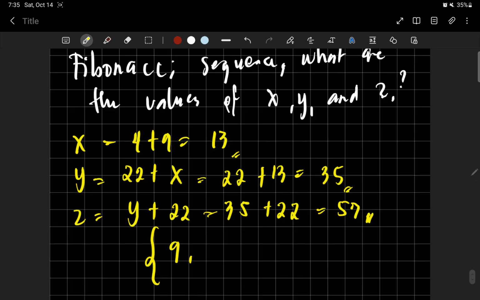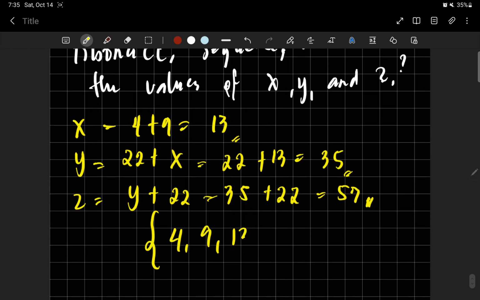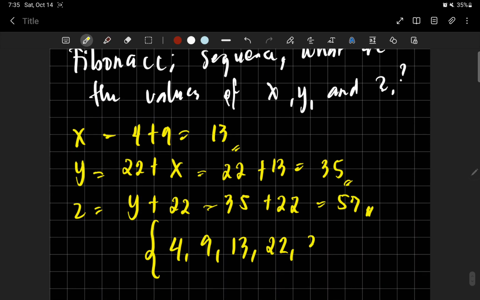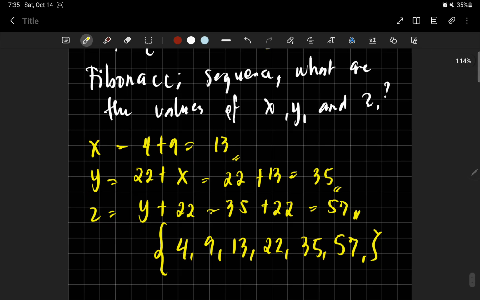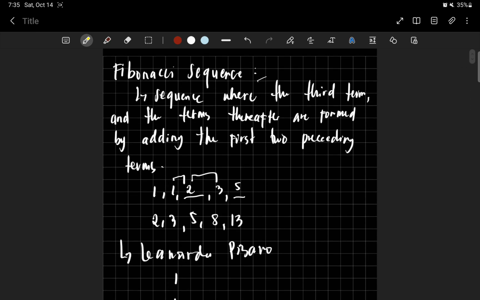We can have our sequence of 4, 9, 13, 22, 35, and 57. And that is a Fibonacci sequence. So with that, I hope we are clear with the Fibonacci sequence.